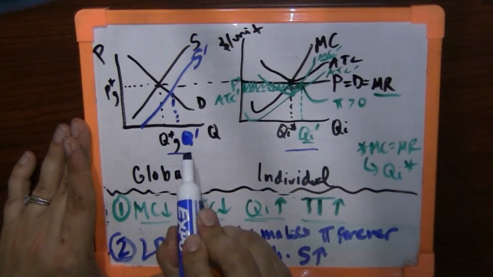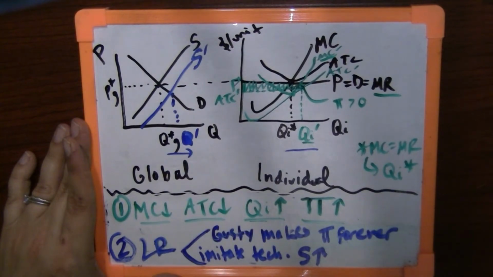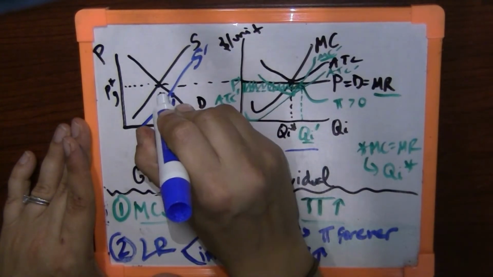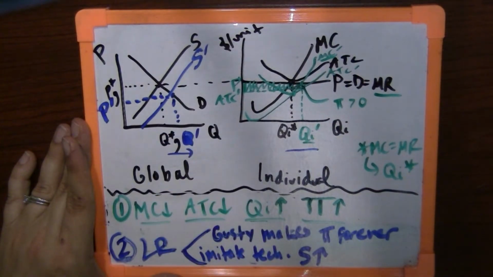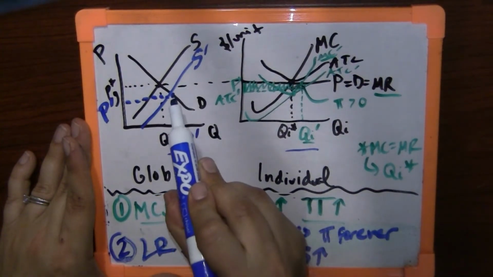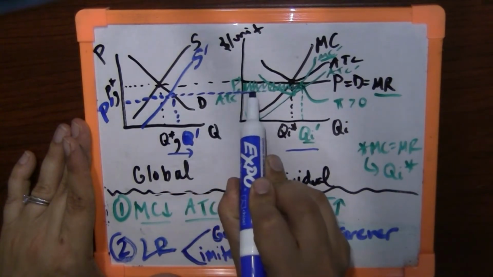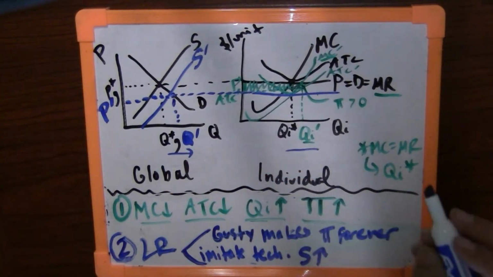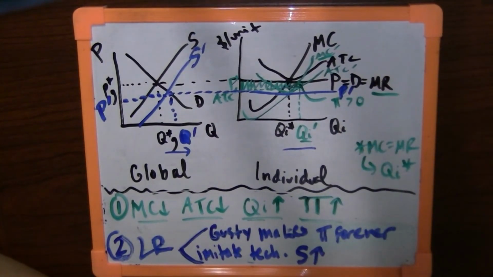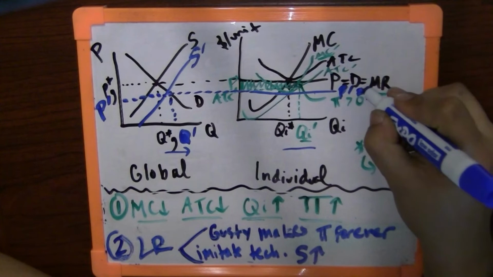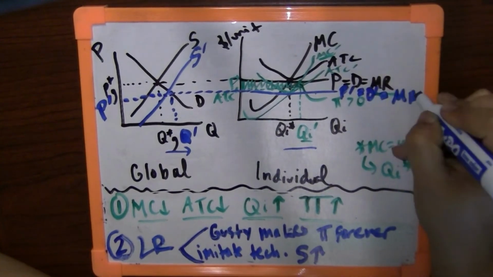If people start imitating, there'll be more salmon bought and sold in the market. The technology spillover for consumers will be lower prices globally. The price for salmon will fall. But for Gusty, his price is going to fall, right? Marginal revenue is going to fall, demand is going to fall.